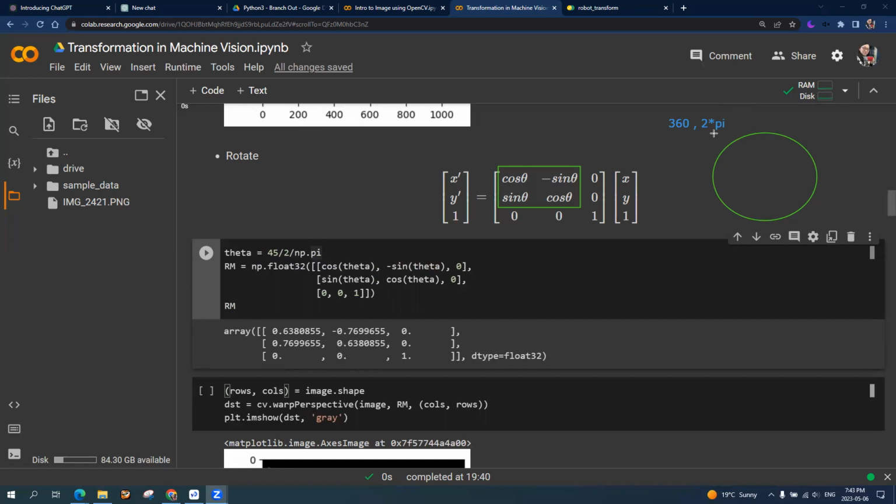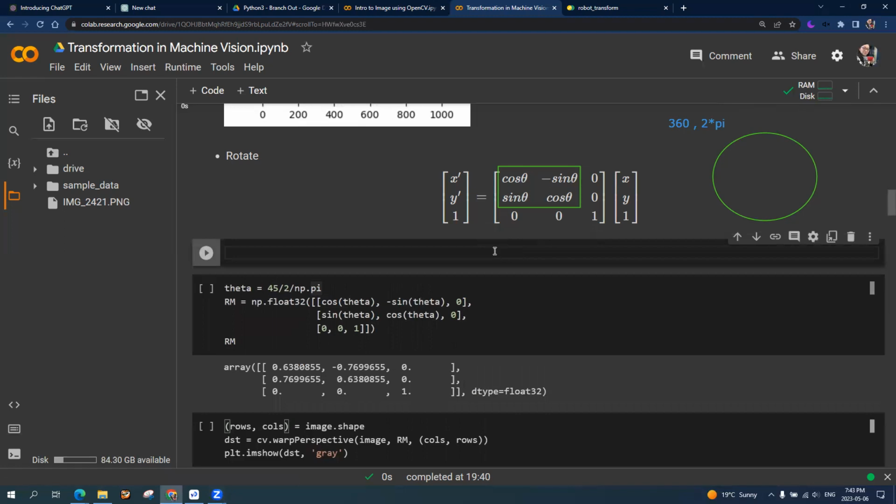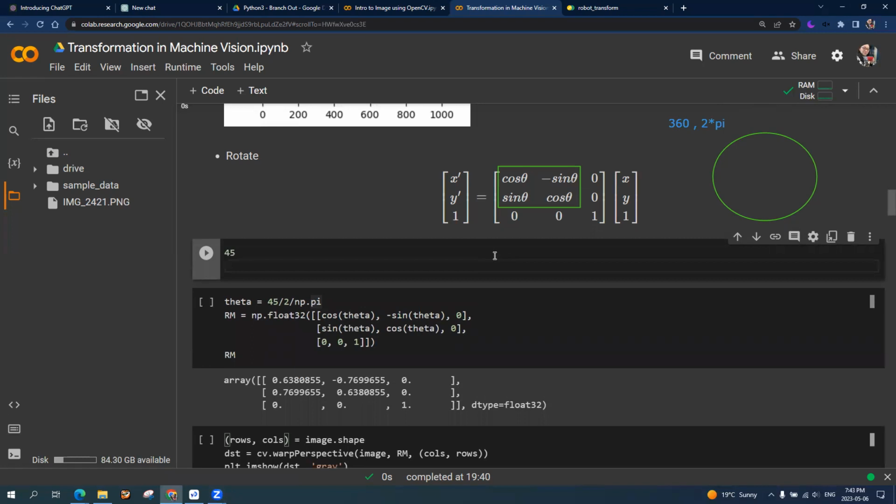So how do you convert a degree to radian? Say I have an angle that is 45, then how do I convert that? First of all, take 360 and divide by 2 pi. That's the easiest way to remember. That gives you how many degrees per radian. So this unit is degree per radian.